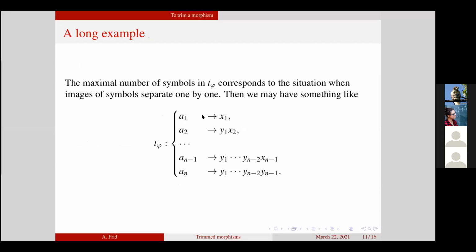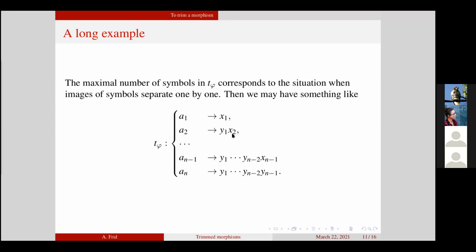So the longest possible situation is when the images of symbols separate from each other one by one. For example, the image of the first letter, maybe after some common prefix, has a different letter just for one symbol. For the others, there is the other letter.